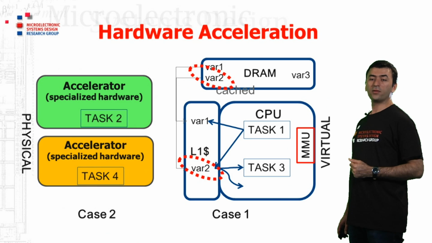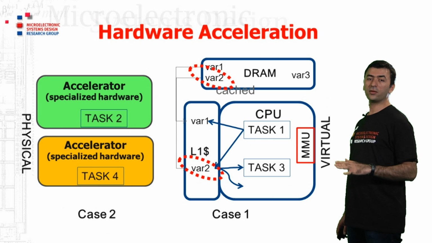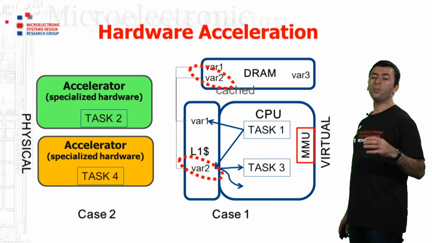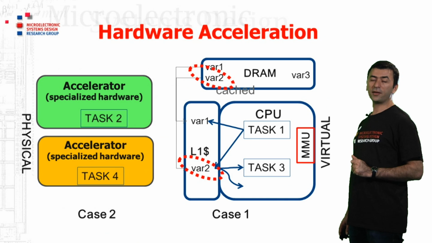If the data elements which are passed to the accelerator are simple, this conversion doesn't take time and is straightforward. While if the CPU is passing a complicated data structure to the accelerator, then it can be a major problem.